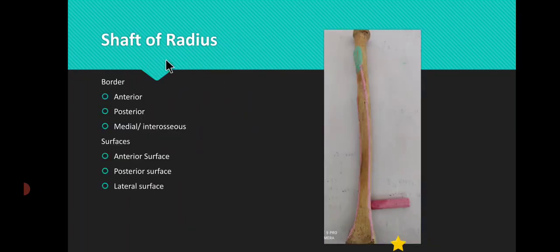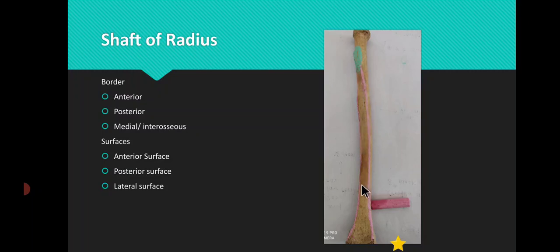Now moving towards the shaft of the radius. This shaft of the radius consists of the anterior border, the medial border, and the posterior border. The anterior border is oblique in the upper part, sloping downward laterally from the lower part of the radial tuberosity.